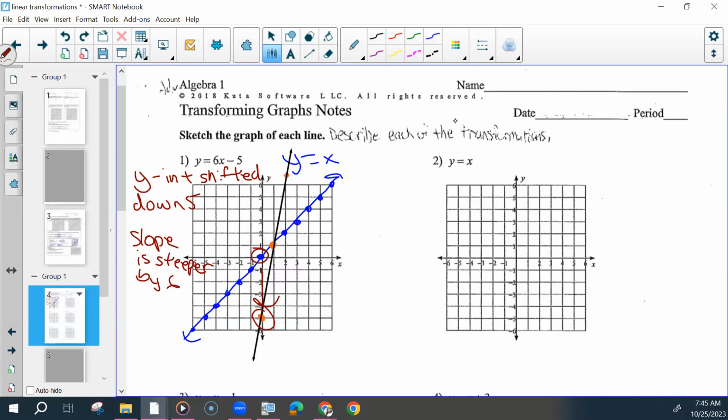Okay, I'm going to draw in the next one, which happens to be our original. That's also original. So if this looks the same as the original, did anything change? No, so you would just say that the slope and the y-intercept stayed the same.